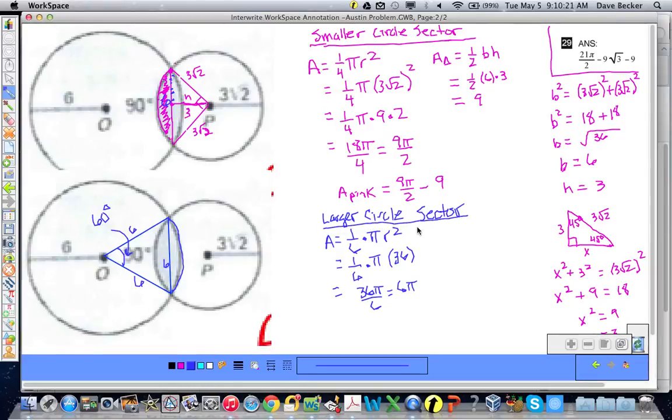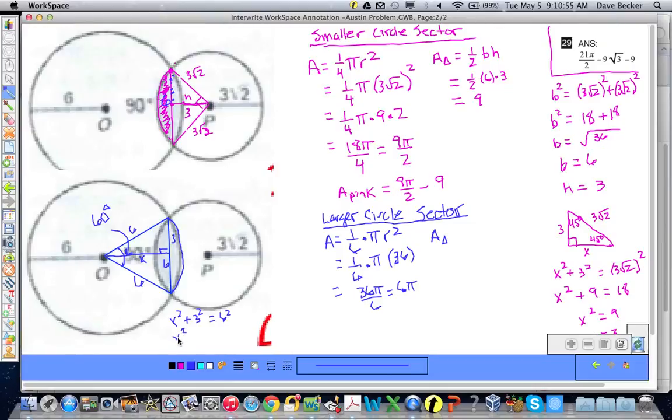Oh, so much better. And now I'm going to find the area of this triangle. The area of the triangle is 1/2 base times height. So I have to drop a perpendicular to get the height. I know that from here to here is 3. So if I call this x, then a little bit of work underneath here: x squared plus 3 squared equals 6 squared.